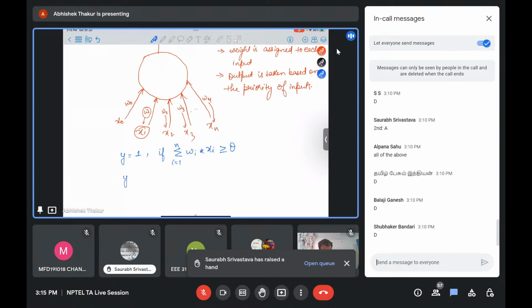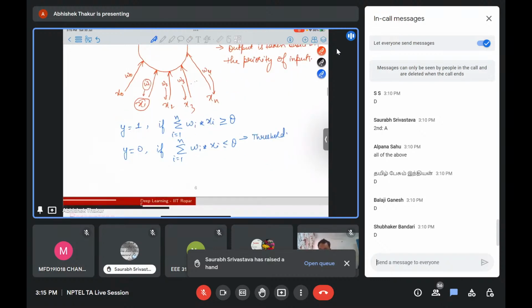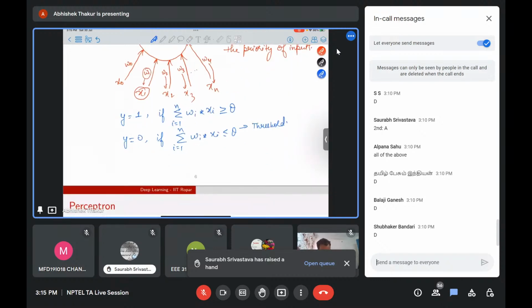And Y will become 0 when the summation of Wi into Xi is less than our threshold theta.